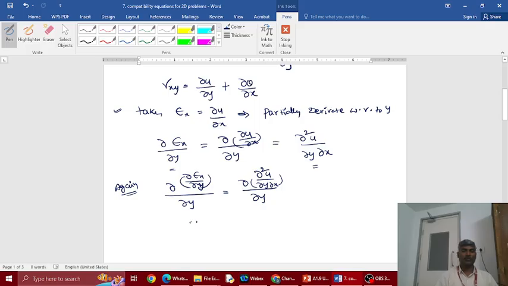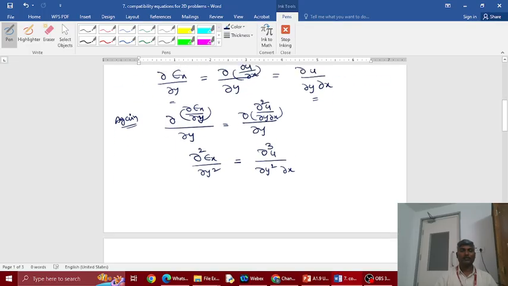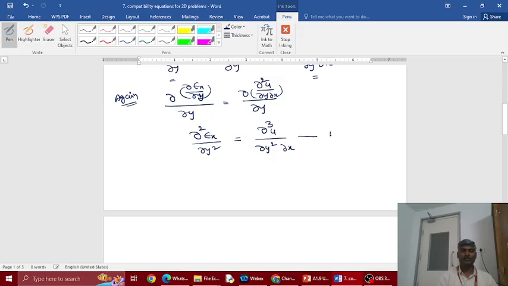So what you get finally is ∂²epsilon x/∂y² on the left-hand side and ∂³u/∂y²∂x on the right. Let us name this as 1.